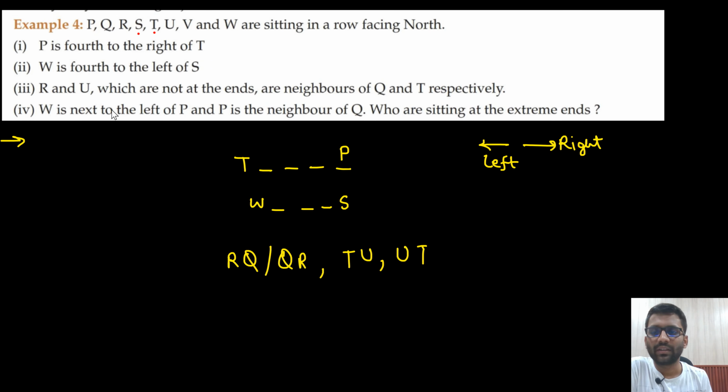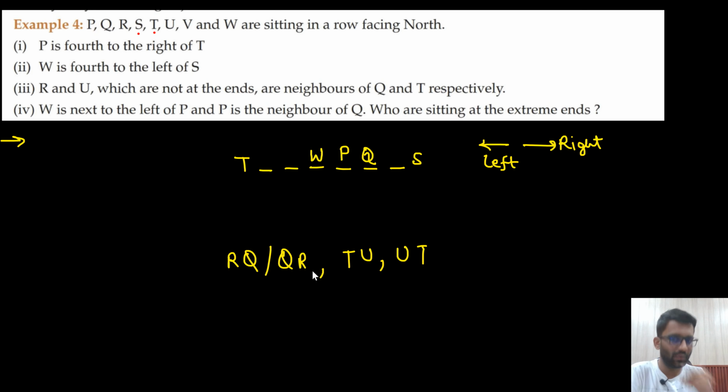W is next to the left of P. Left of P. Here there is W. Now if this is W, so after 3 spaces there is S. Do you agree? So this condition we have seen here only. And P is the neighbor of Q. One of the neighbors of P is W, so another neighbor would be Q only. Now one neighbor of Q is P, so another one has to be R only.